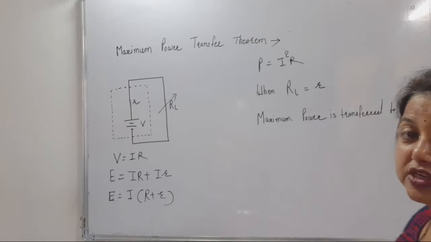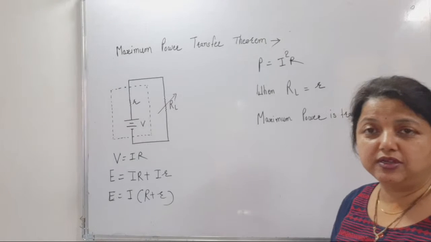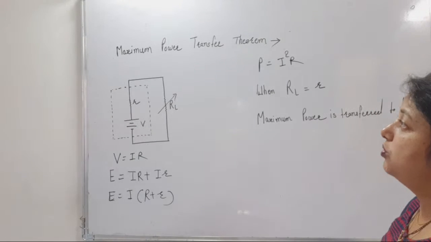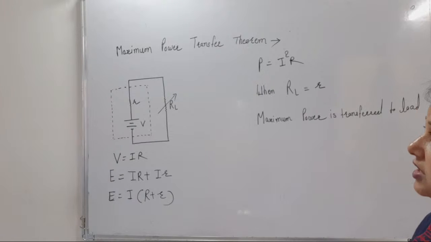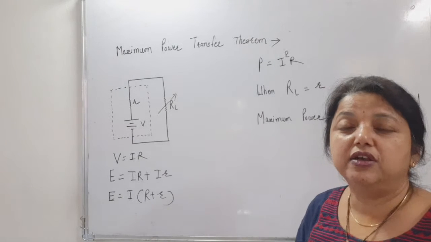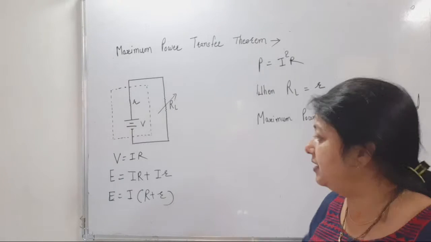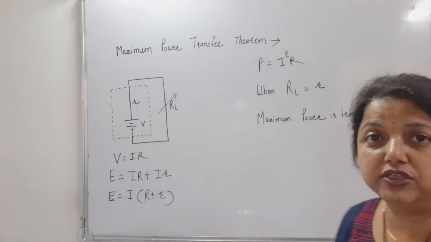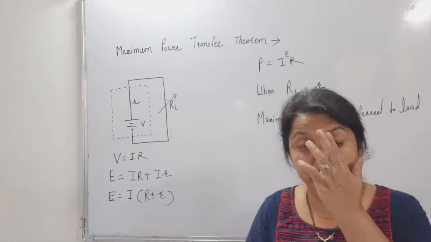Everyone understand this? Now suppose state and explain maximum power transfer theorem, then we have to state that statement in words and write down these steps. Okay, so draw this diagram and these steps and write down this one in bold. Okay.